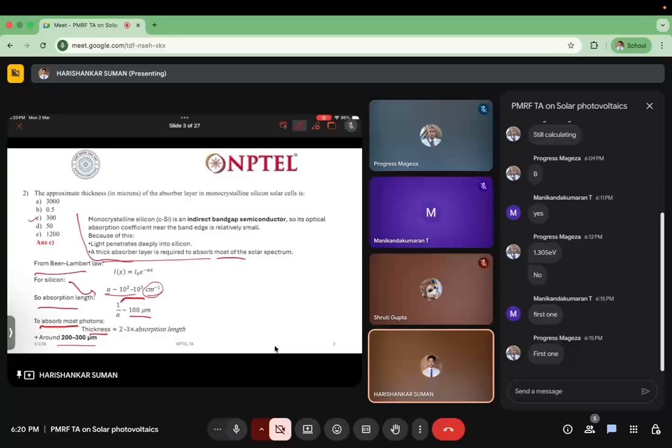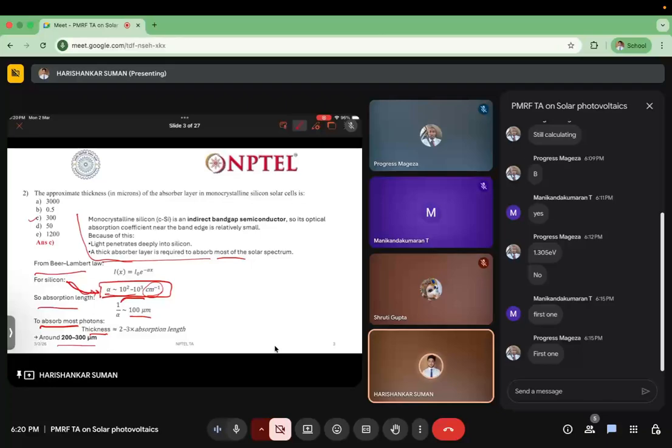Clear? So this is the absorption coefficient of silicon. To absorb all photons, the thickness should be greater than the penetration depth, but not much more. If the thickness is higher, recombination inside the material itself will happen.